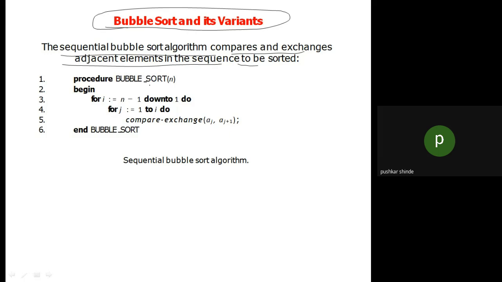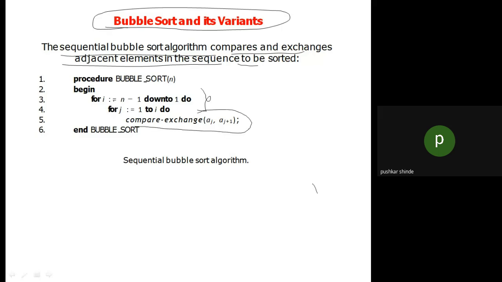The sequential bubble sort algorithm compares and exchanges adjacent elements in the sequence to be sorted. For the bubble sort procedure, there are two nested for loops, and compare and exchange happens between adjacent elements.